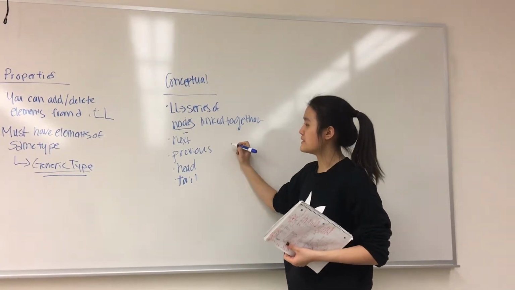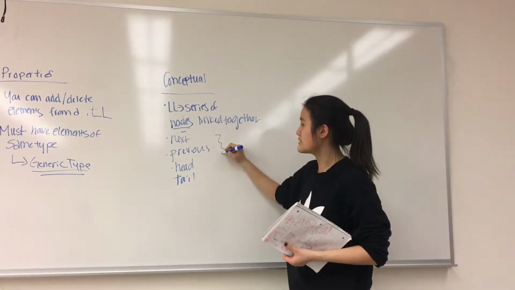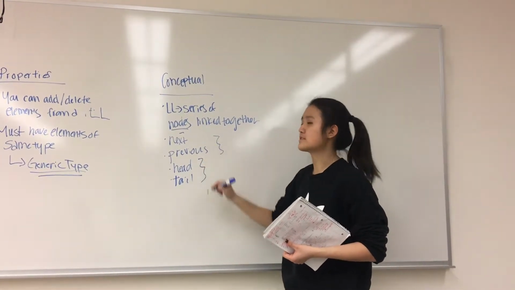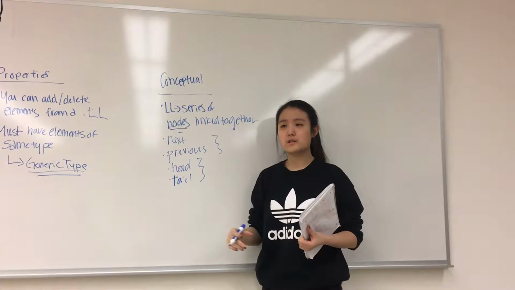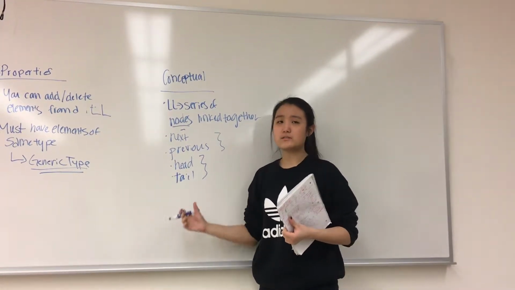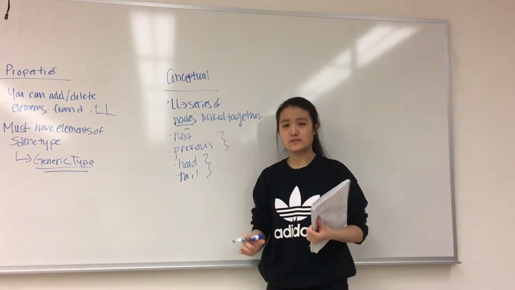It's going to have these fields, you could say, these properties, that is next and previous, and it's going to have a head and a tail, and head basically means the very first node in the entire list, and tail means the very last node in the entire list.